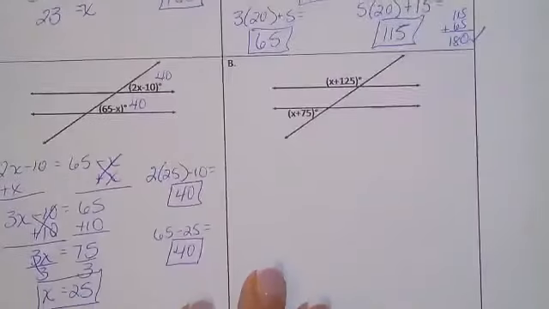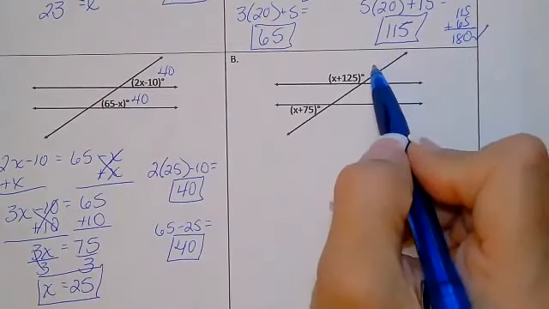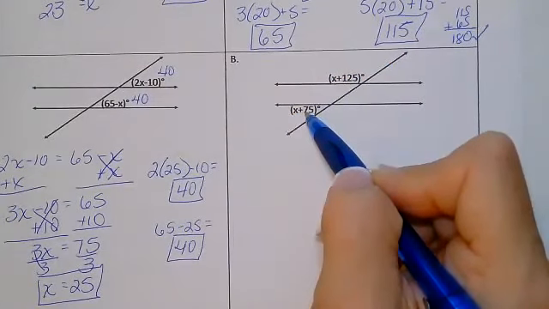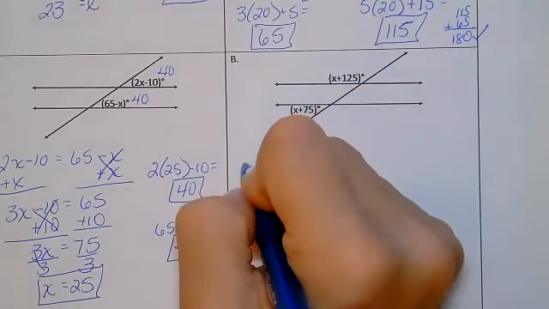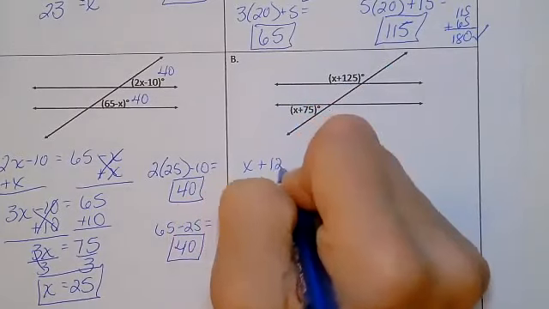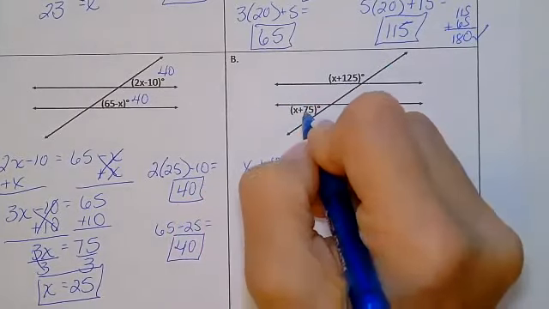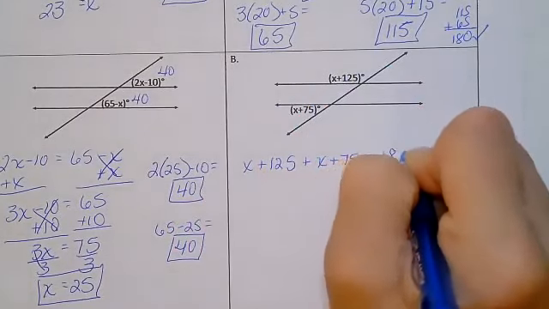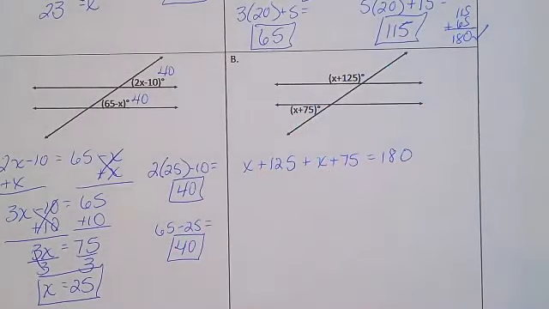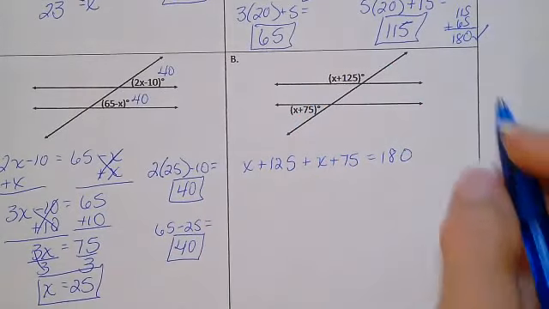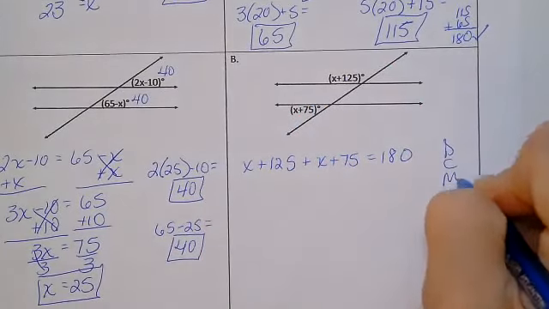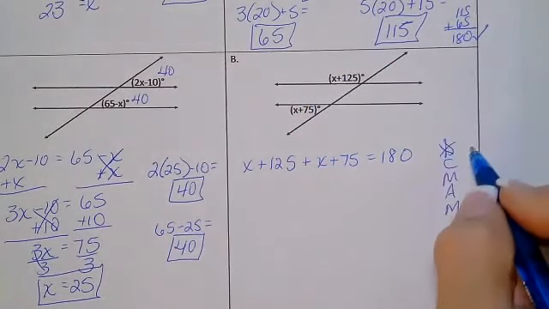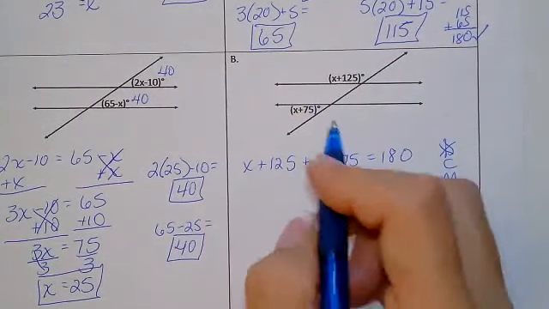All right, B: obtuse, acute. If I put them together, they equal 180. So I'm going to do x plus 125 and add my other angle, x plus 75 equals 180. And do my checklist. I don't need to distribute, but I do need to combine.